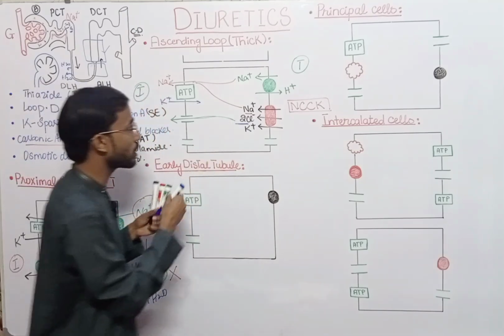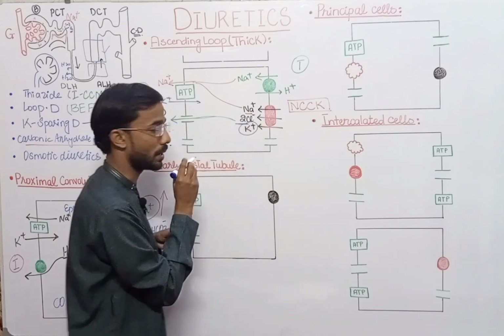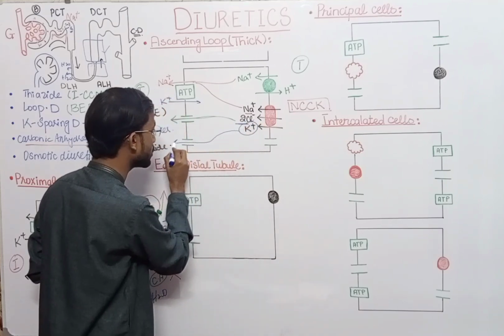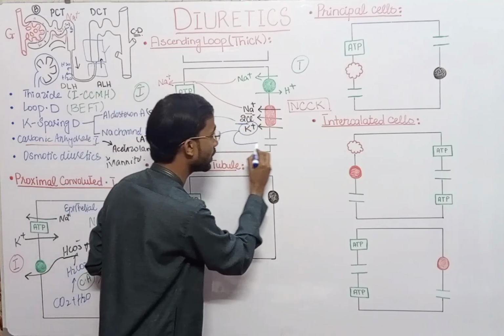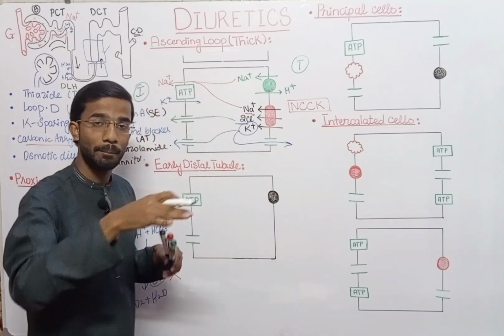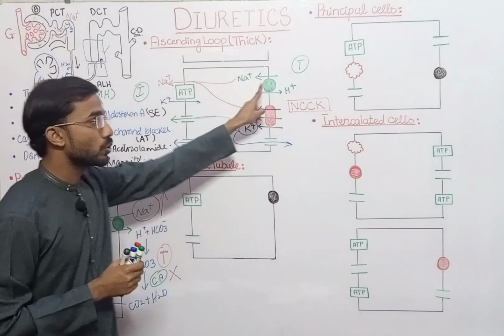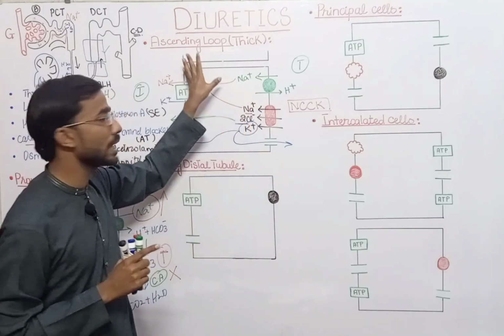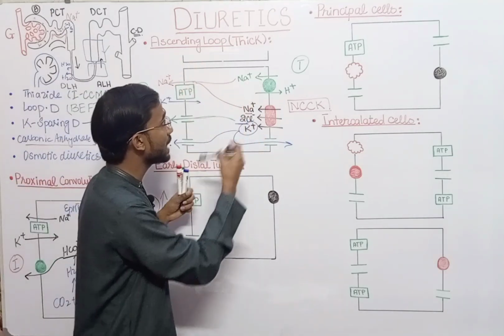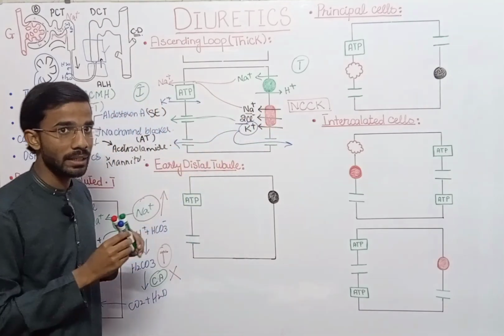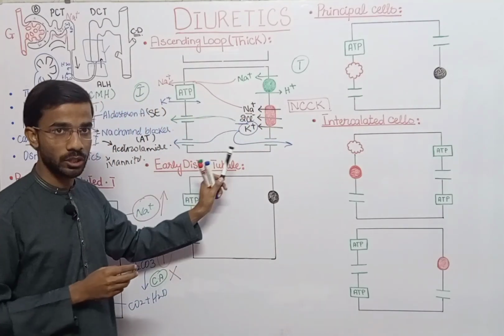And last, the potassium. Potassium has two pathways. It can move into the interstitial space, and it can also move back into the tubular lumen. So this is the basic concept: two transporters are present in the ascending loop, and sodium moves inside the epithelium through both transporters.